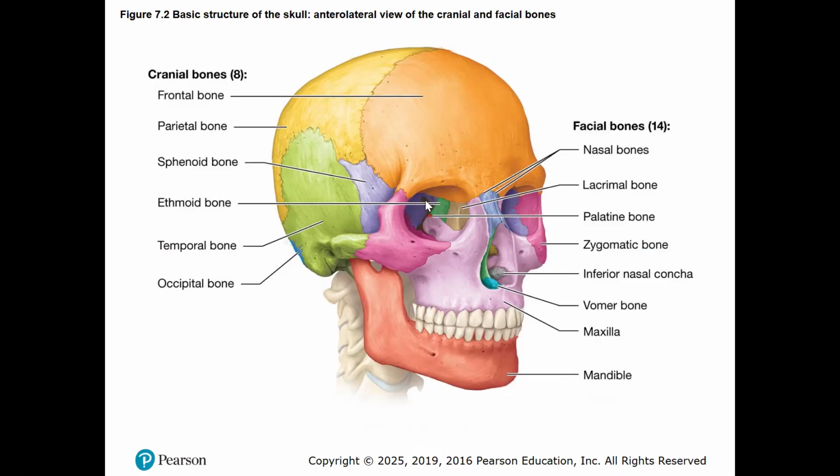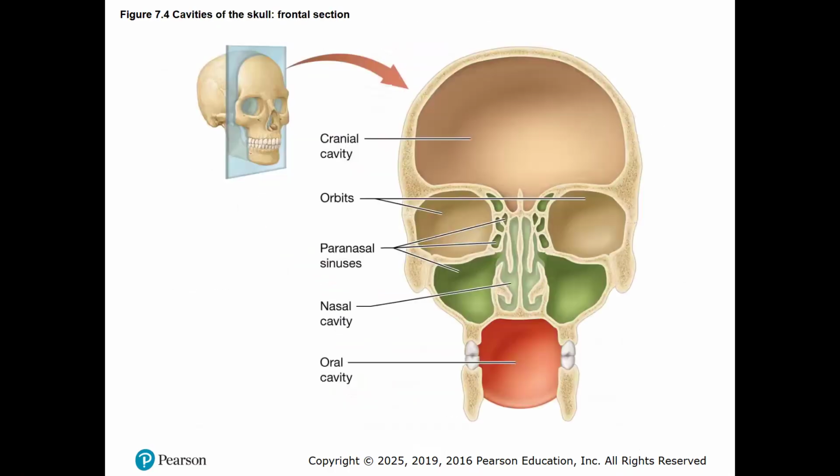As you see, it goes internally here. And it's unique that it articulates with every other cranial bone to form that internal medial cranial fossa. It's a pretty interesting internal structural feature, so make sure you take a look at that. Pretty unique.